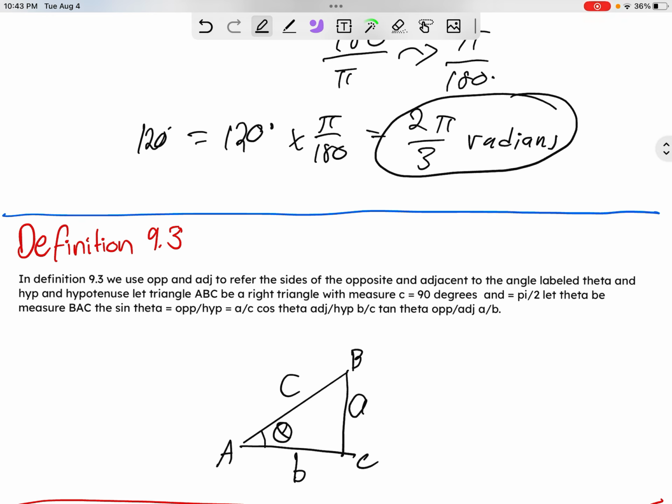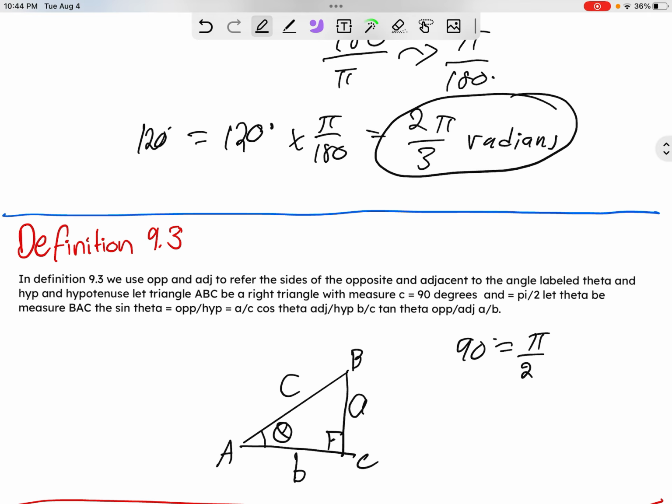Let theta be the measure of angle BAC. Note that 90 degrees is equal to pi over 2.